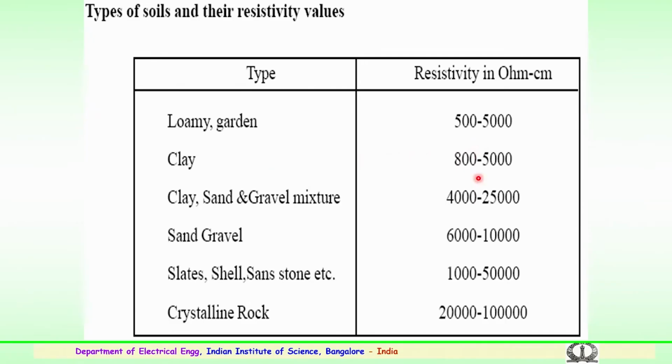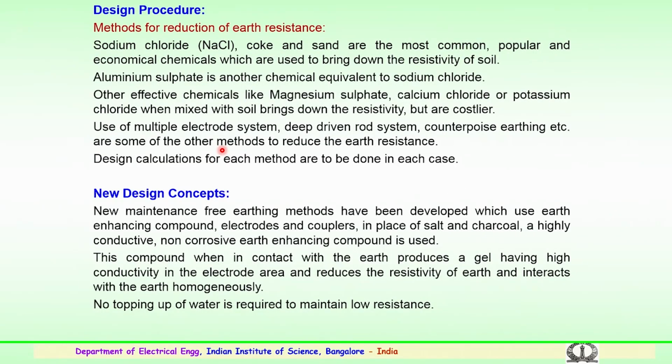In case of clay, the resistivity could be 800 to 5000. Similarly, for crystalline rocky areas, the resistivity could be 20,000 to 1 lakh. So, suitable planning and suitable grounding aspects have to be chosen in case the substations are being constructed in areas of these soils. Depending upon the soil, the proper grounding has to be planned.